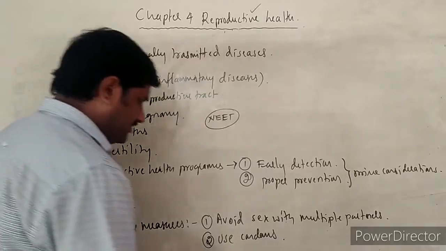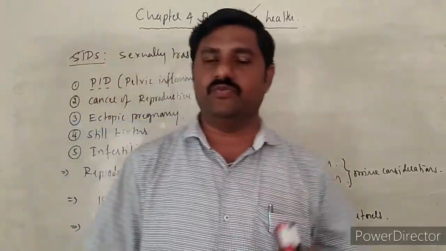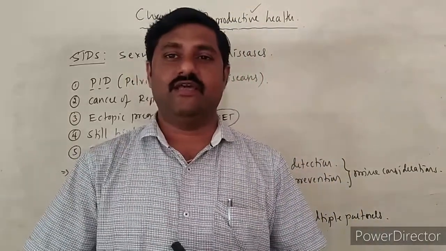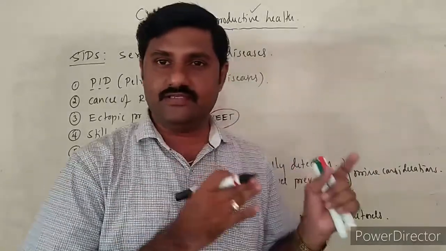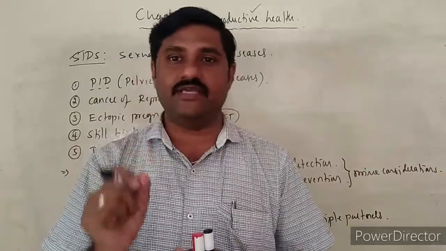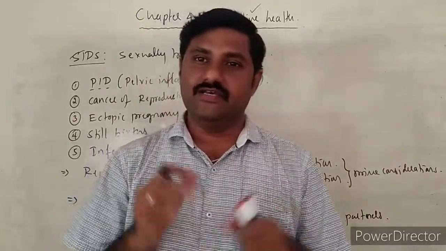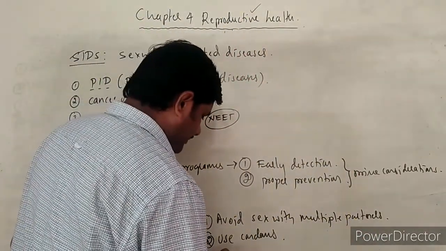And the third one is one more preventive measure. What is that? If anybody has any doubt regarding these STDs, they have to go to a doctor as early as possible and get it cured, right? This is also one more preventive measure, right?